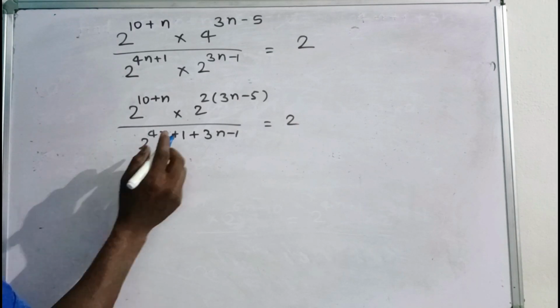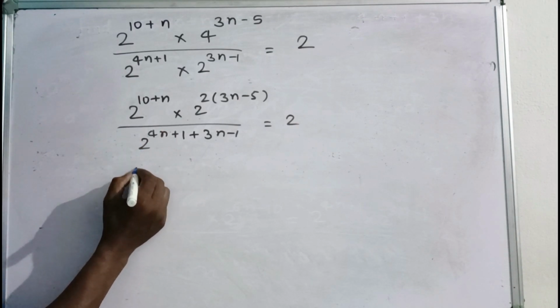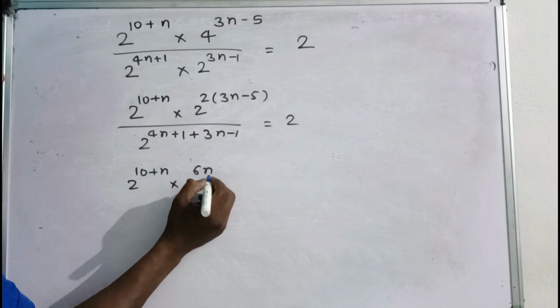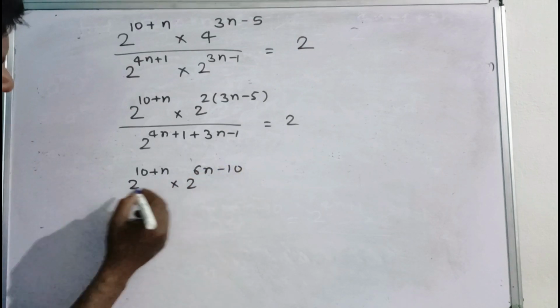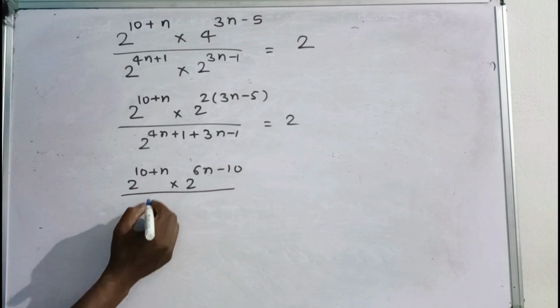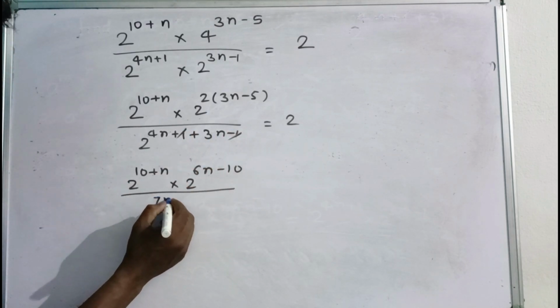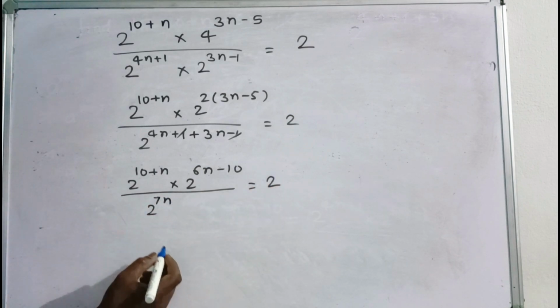Now, 2 raised to the power 10 plus n into 2 raised to the power 6n minus 10 divided by this, plus 1 minus 1 get cancelled. 2 raised to the power 7n is equal to 2.